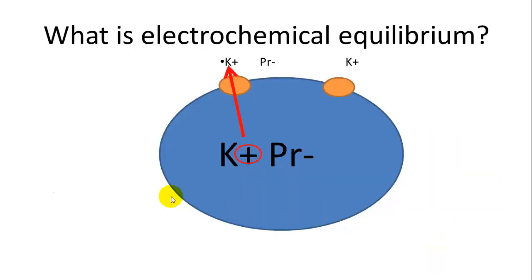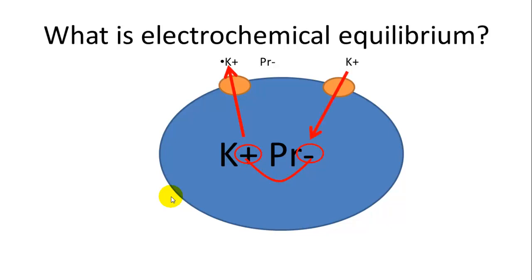But because it's positively charged, it's also attracted to the negative charge of these proteins, which are stuck inside. So there's a point at which that attraction is balanced by its desire to go down its concentration gradient. And that balance is the electrochemical equilibrium.